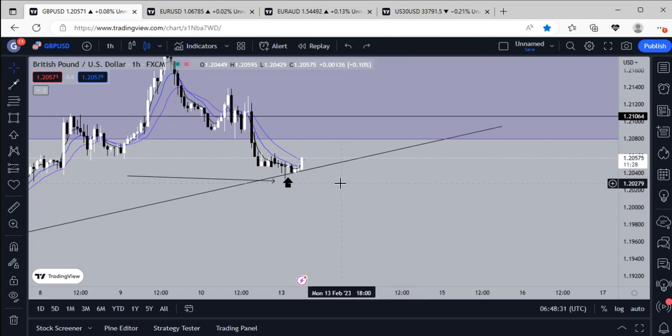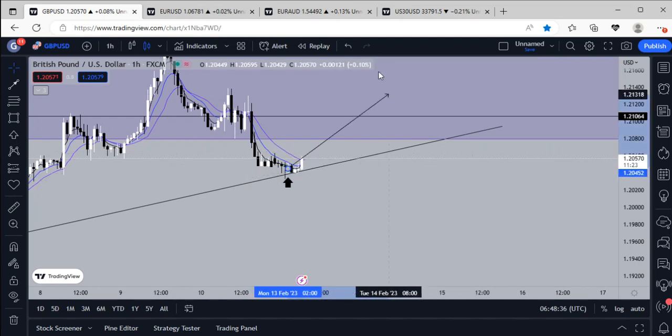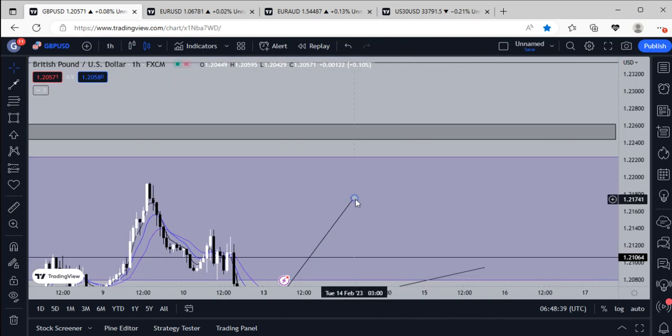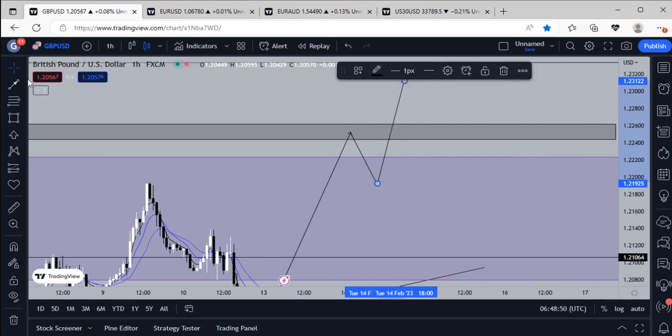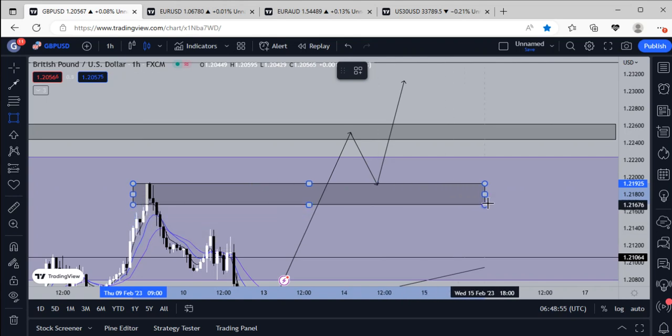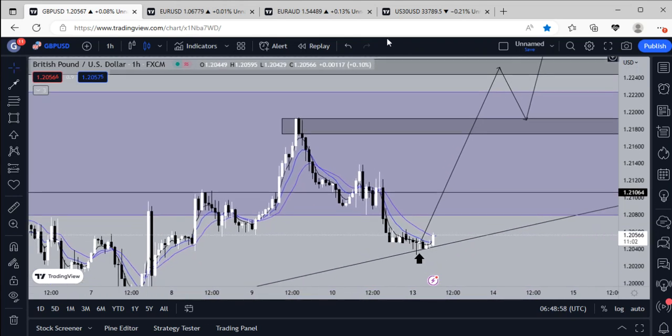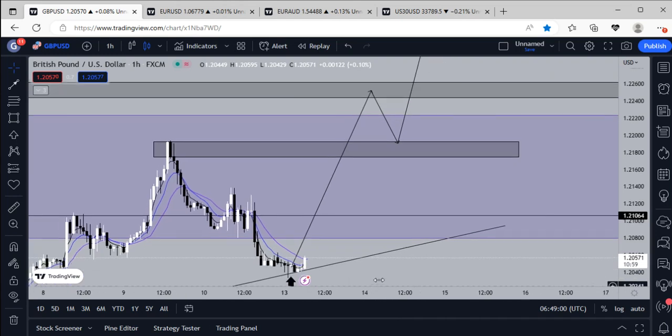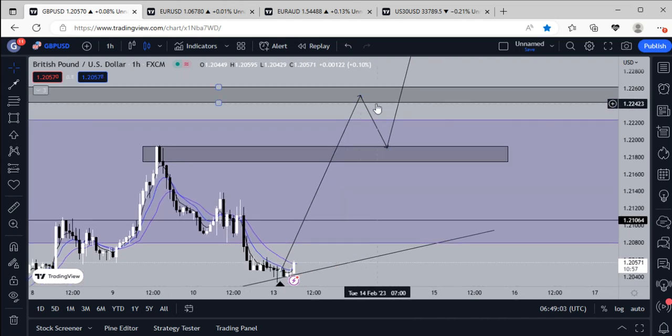Or we can have price push to the upside, respect that lower high, retest into that area, and continue to the upside. These are the significant areas that we have on the hourly time frame. Those are the scenarios that can play out.